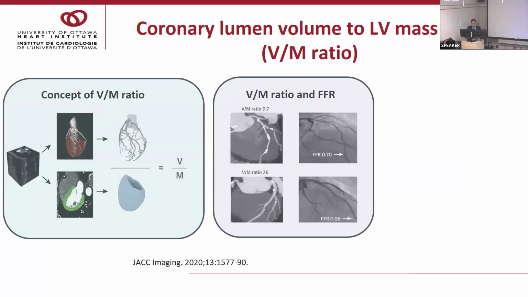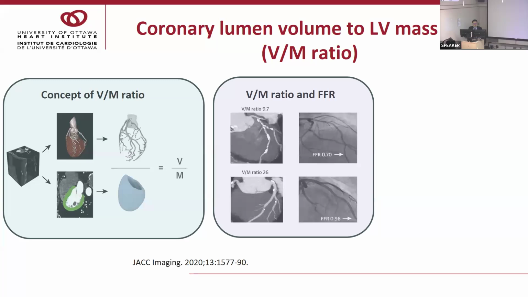There is another potential CT parameter to assess CMD, the ratio of coronary lumen volume to LV mass, called the VM ratio. As you can see on the left panel, coronary lumen volume and LV mass can be estimated by using post-processing software.